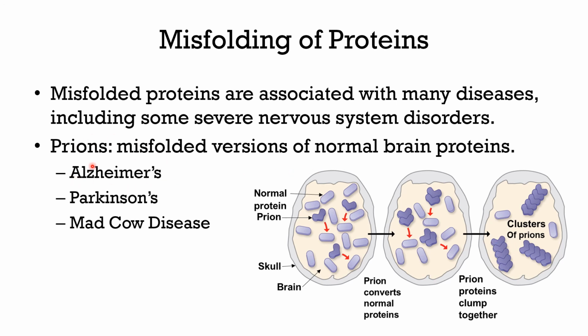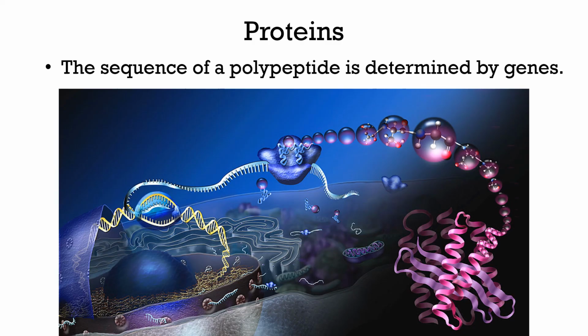For example, Alzheimer's, Parkinson's, and mad cow disease are all examples of nervous system disorders that deal with misfolded proteins. So again, the structure is essential. If we do not have the right type of enzyme or protein that can break down these misfolded proteins, they will, in essence, kill you. So you have to have the right machinery, and everything has to be folded correctly and have the right structure.